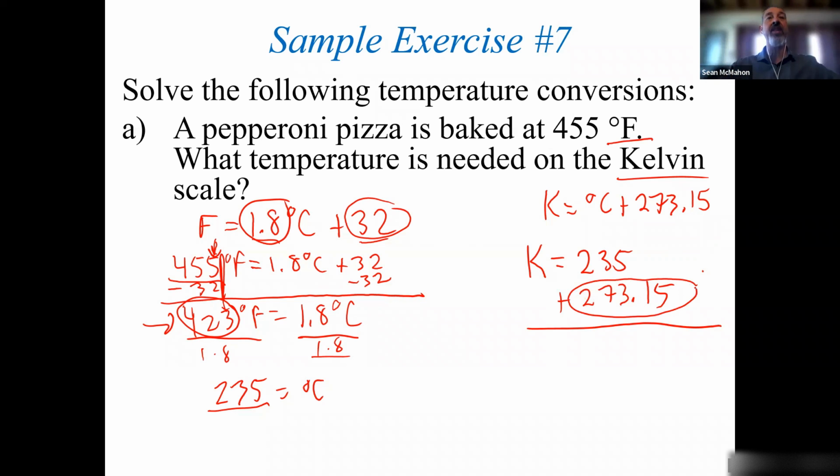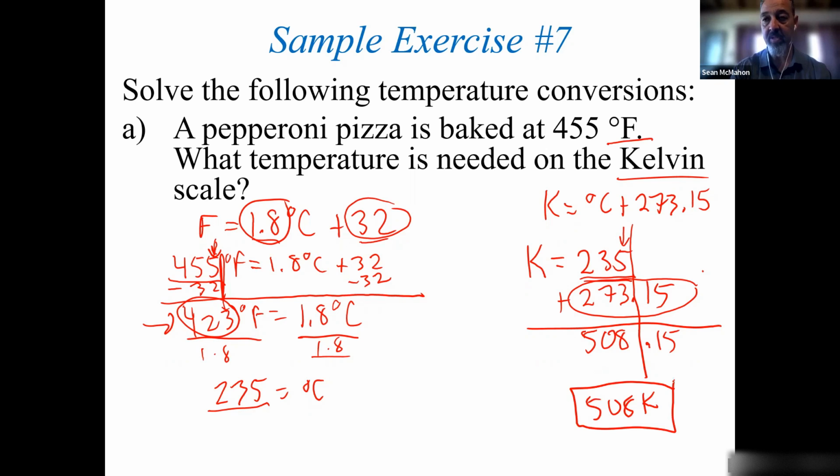It has infinite sig figs. I'm using this number. When I use this number, I go to the ones place. That's the precision. So my final answer, if I put this on a calculator, is 508.15, but I can only go to the ones place. So my final answer is 508 Kelvin to the ones place, which leaves me with 3 sig figs.